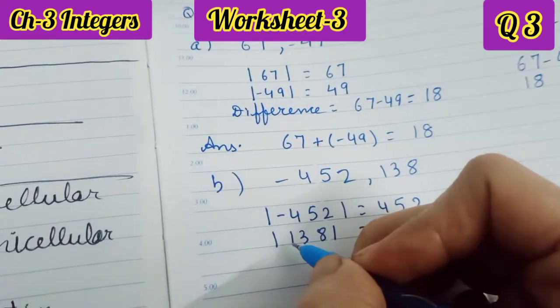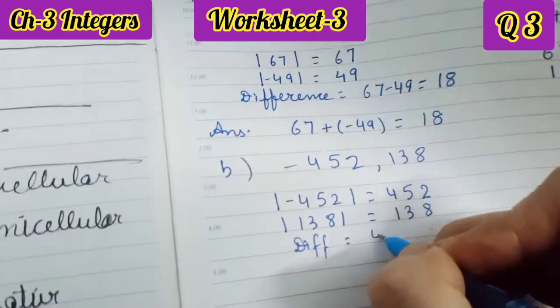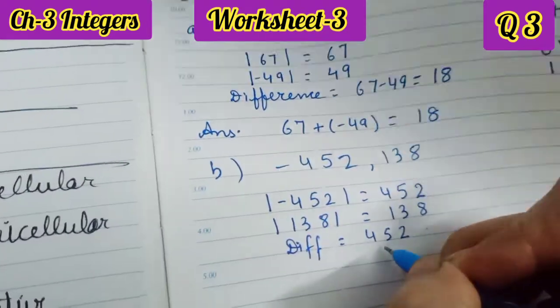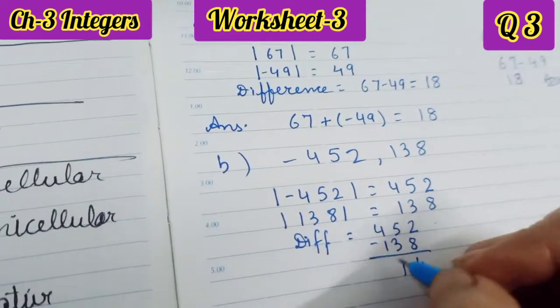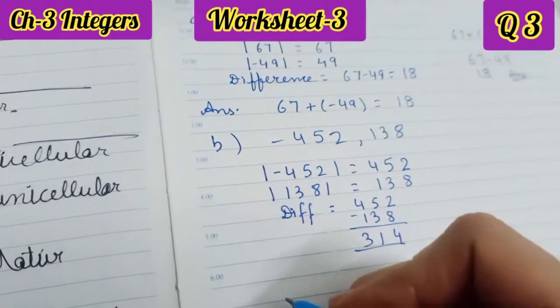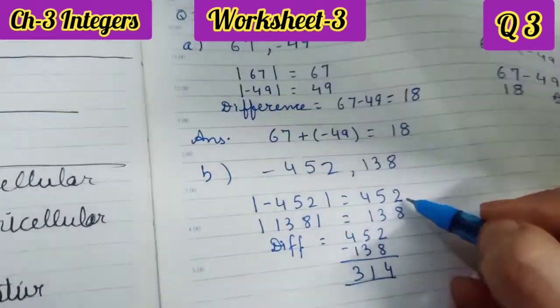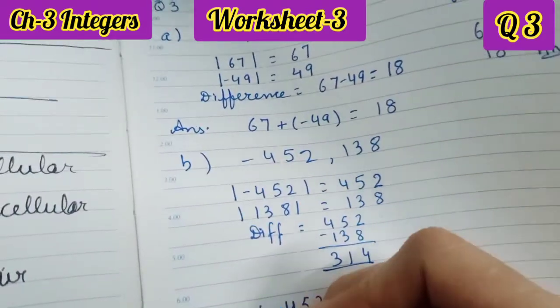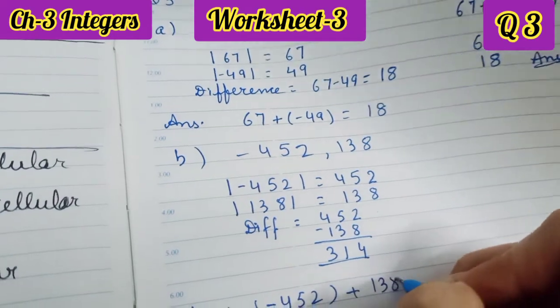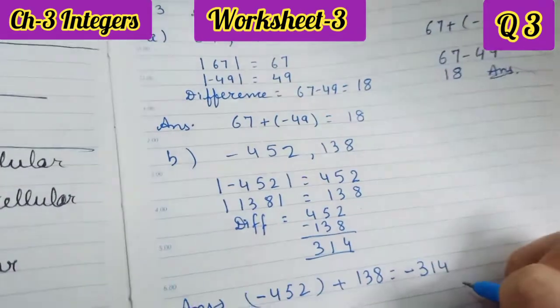Whenever they are having different signs, you will find the difference of those numbers. 452 minus 138 we will find 314, and in the answer you will put the sign of the greatest absolute value. So minus 452 plus 138 will get minus 314.